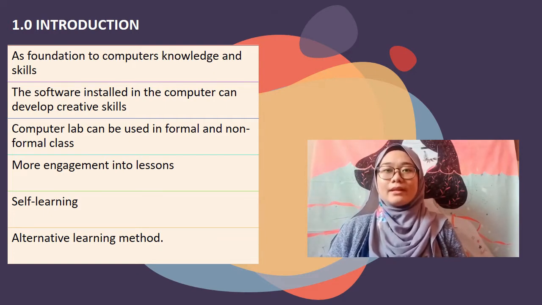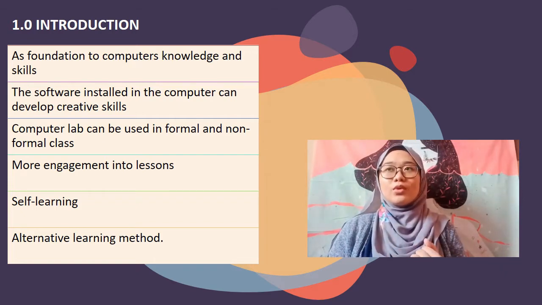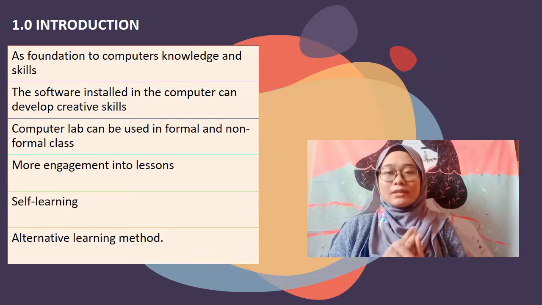Some of them might have a high speed of learning and some might not, but practice makes perfect. The computer lab is also an alternative learning method for teachers, so they don't have to always sit in the regular classroom, and the learning session of the subjects can be more interesting.